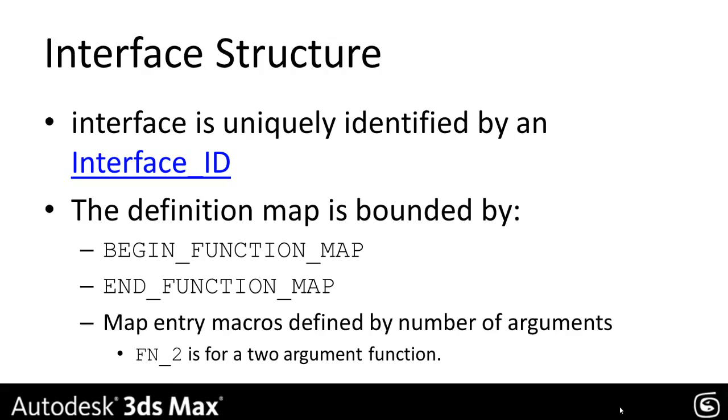And then within the map itself, there are macros defined that provide you with the ability to publish functions of a certain number of arguments and whether or not the function returns void or some type.